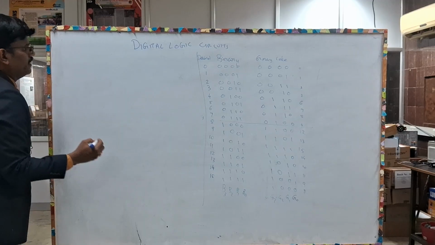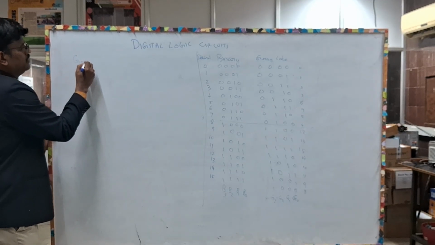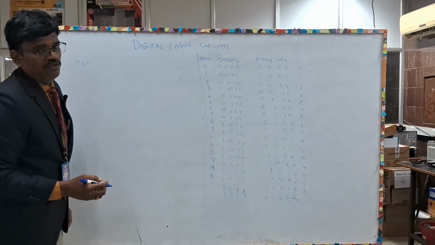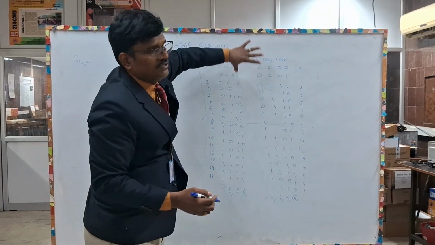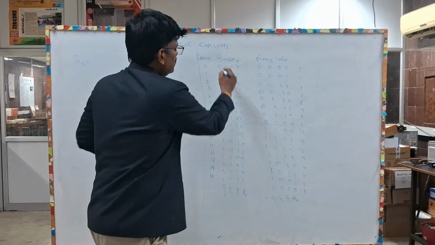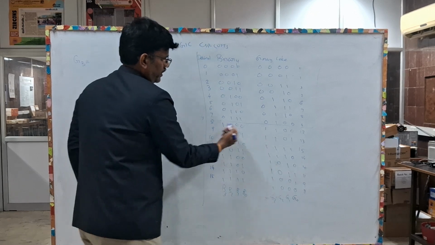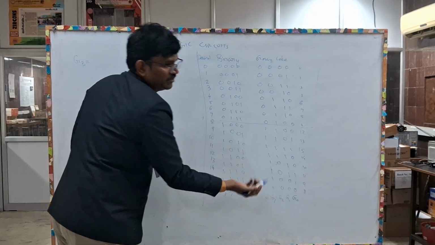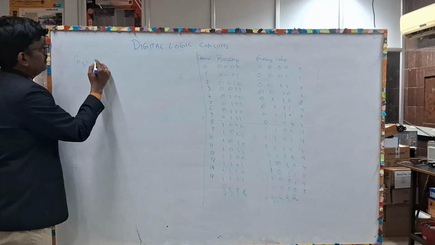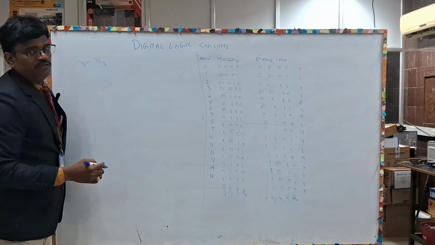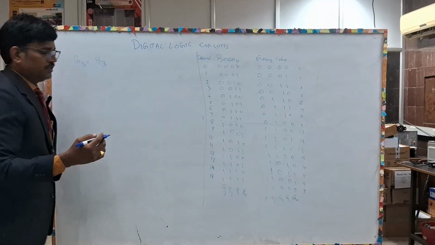Let us start from G3. When you compare this table, you can see that B3 and G3 are going to be the same. So when you want the conversion, G3 is available as B3.